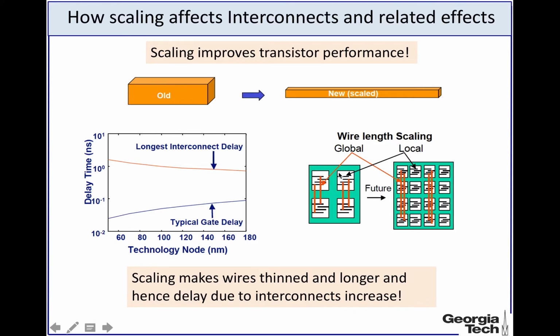Local interconnects are within a block, and those actually become smaller, and the delay in the local interconnect with scaling remains the same, but the delay associated with the global interconnects actually increases because the wires become thinner, at the same time become longer, and this is why the delay in the longest interconnects becomes larger as we scale down our devices.